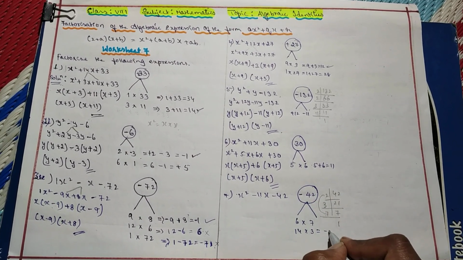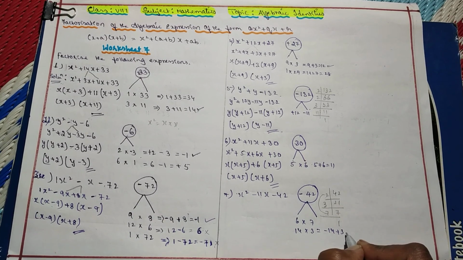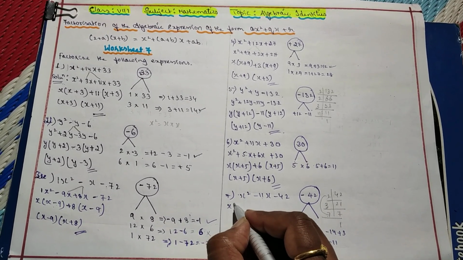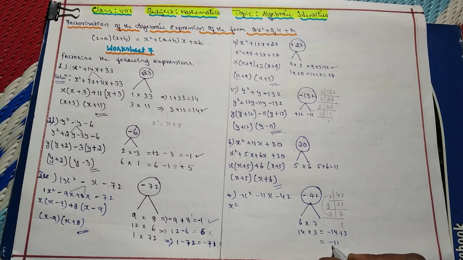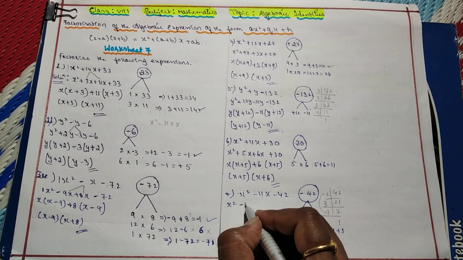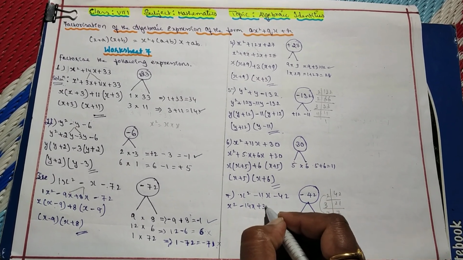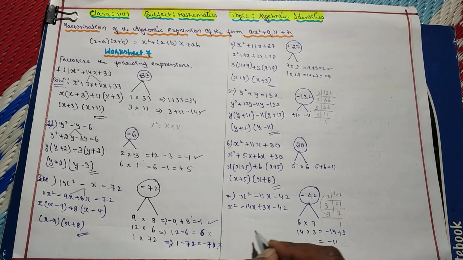So minus 14 plus 3 is equal to minus 11. So x square minus 11x, I'll write it as minus 14x plus 3x minus 42. Clear?